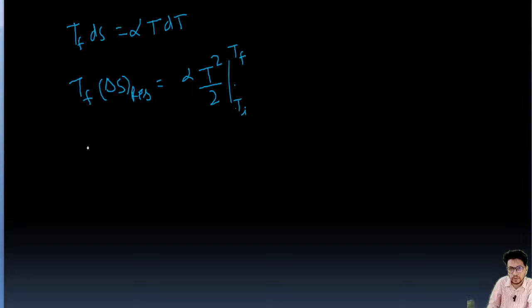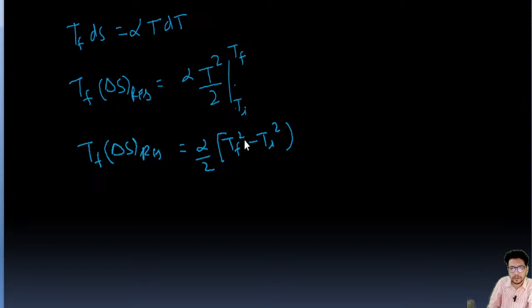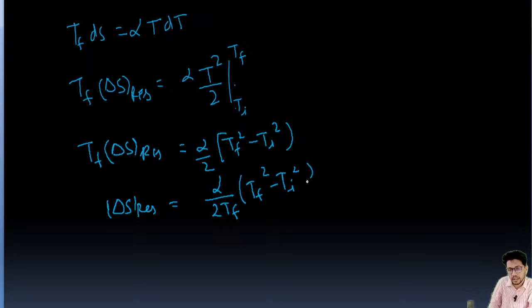So now delta S of the reservoir, that is the entropy of the reservoir, is going to be alpha by 2 into Tf square minus Ti square, okay?